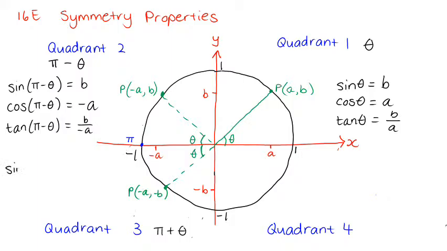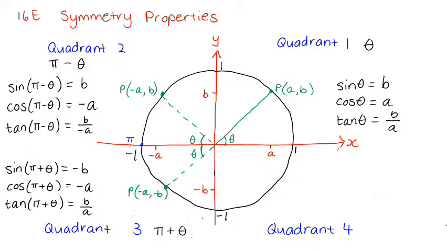Yep, so sine of pi plus theta. Sine is our y value. What's it in this case? Negative B. Cosine, yep, negative A. And tan, yeah, negative B on negative A. The negatives cancel each other out, so you just get B on A. So you can see that from the first quadrant, sine has become the negative, cosine is also the negative, and tan stays the same.